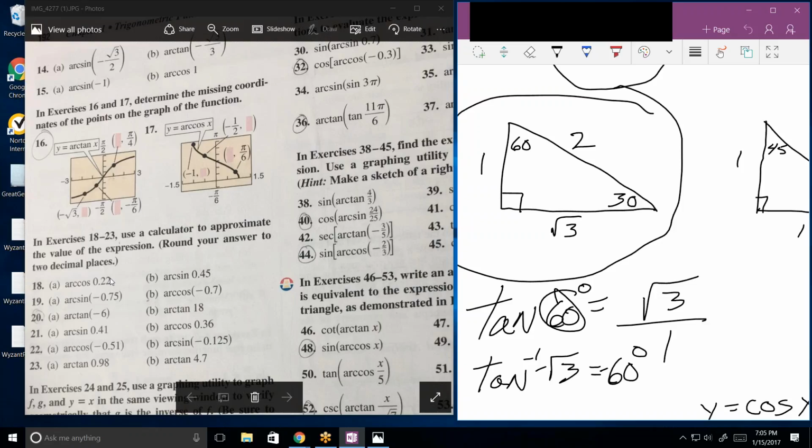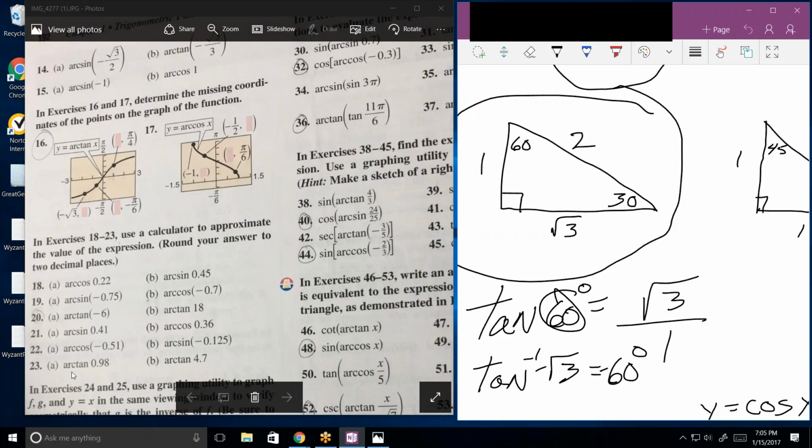Make sure your calculator is in, you know what? You could be in radians or degrees. Doesn't matter. It's going to give you the right number.